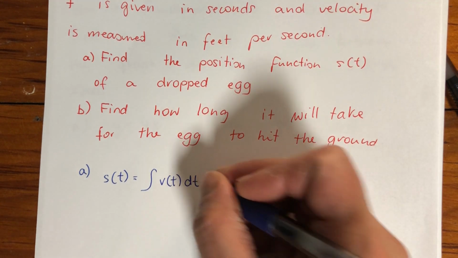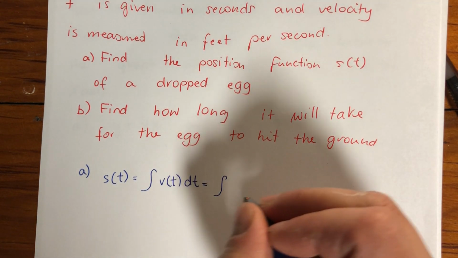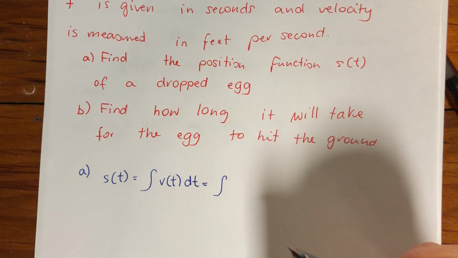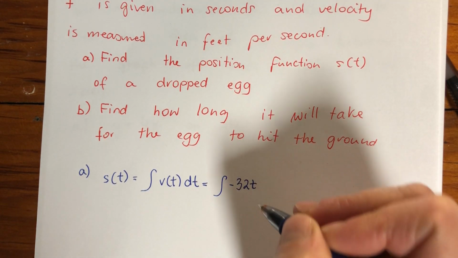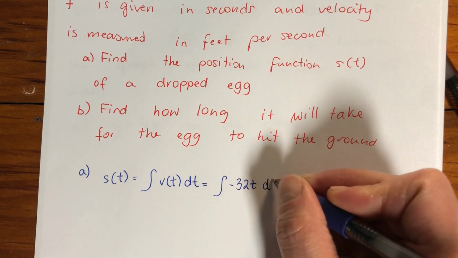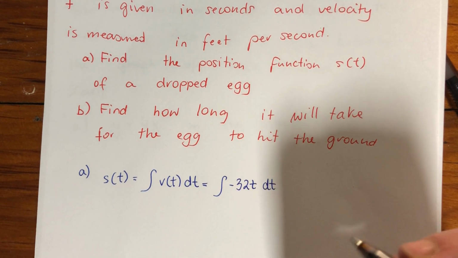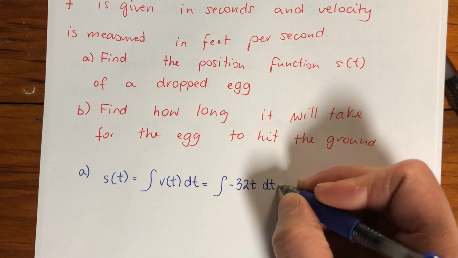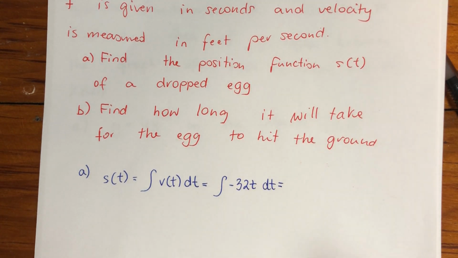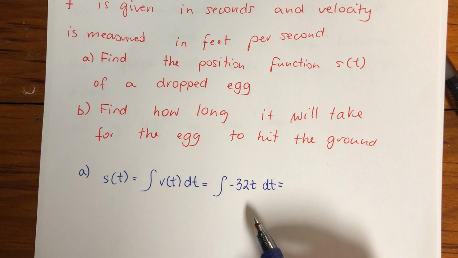So what I need to find is the integral, and my v of t function is defined as negative 32t, and again, the notation dt. You will see when you are in calculus class, you will get used to this. This is just an introduction, and it will feel a little bit odd at the beginning. All right, so now the next thing, we will have to think of our formula.